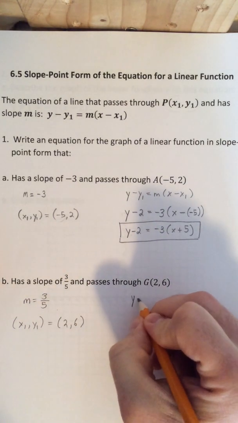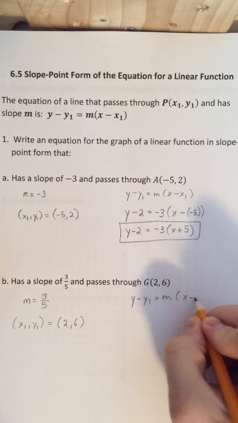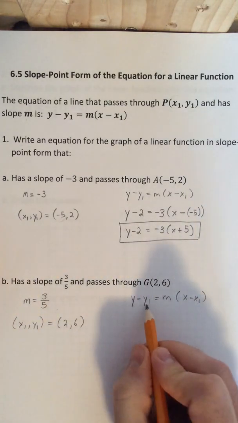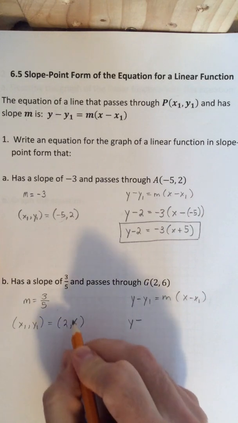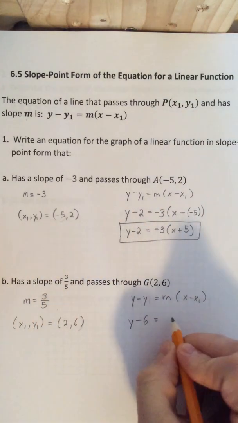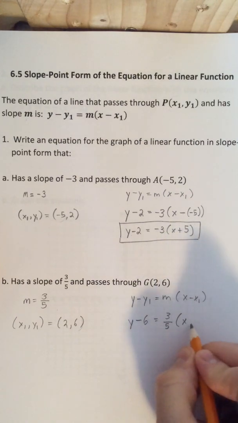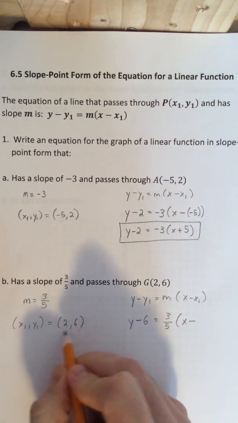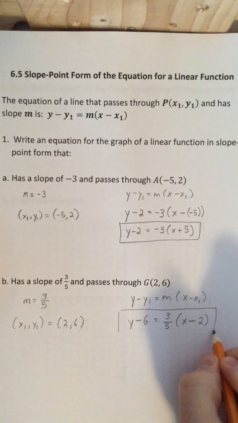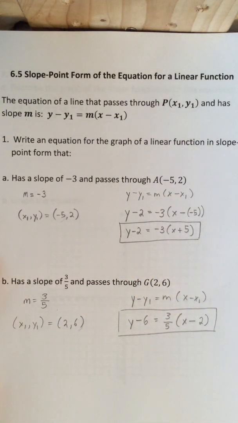And then if we fill this in the equation, we substitute these values. It's going to be y, subtract the y1, which is 6. The slope is 3/5. The x value, subtract the x1 value, which is 2. And this is our equation. There is no extra simplifying we need to do with this one.